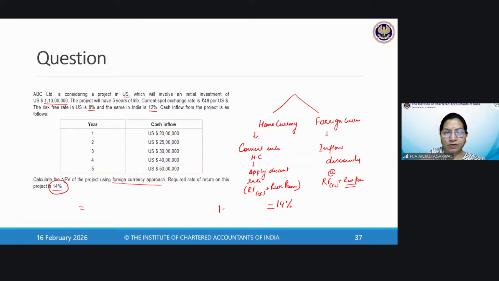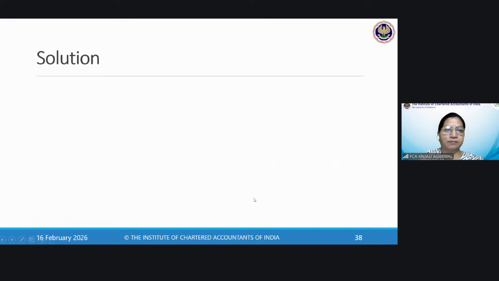So 1.12 multiplied by 1 plus risk premium should give you 14%, or rather say 1.14. So this will help us find out the risk premium. 1 plus risk-free in India, times 1 plus risk premium, is equal to 1 plus discount rate applicable for India.